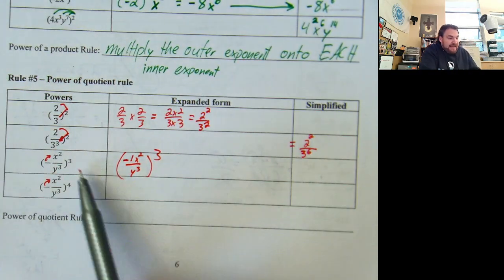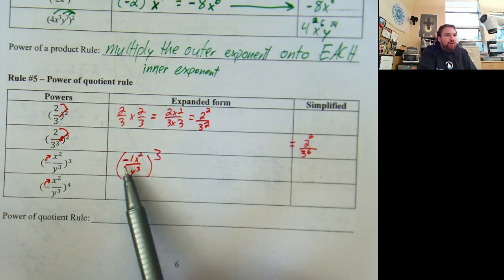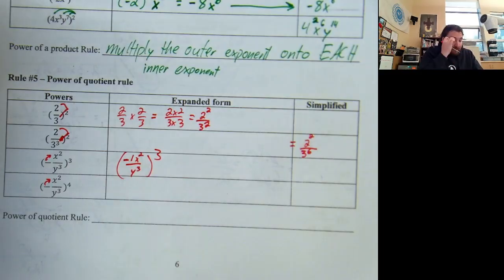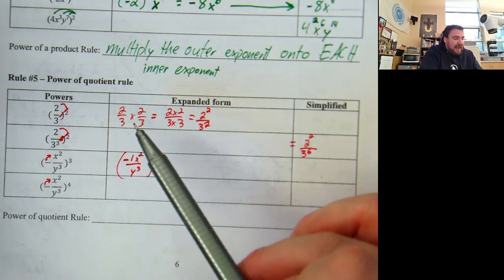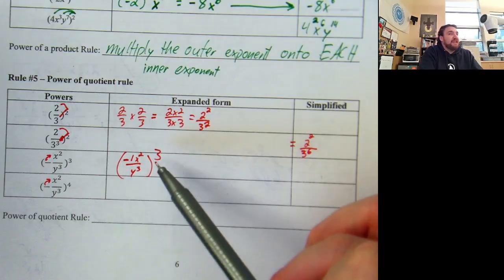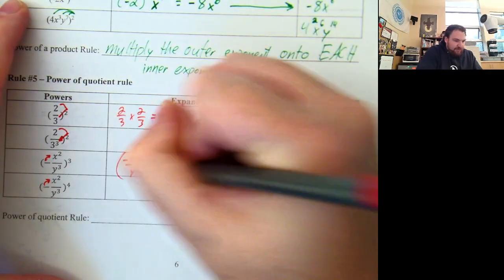I'm just bringing the negative up top, and I'm adding that 1 there to make it really painfully obvious what's going on. And now this should be okay. I'm just going to do the same thing I did before. I need to make sure that that outer exponent gets applied to everything in the numerator and the denominator. That guy's going to go there, there, and there.